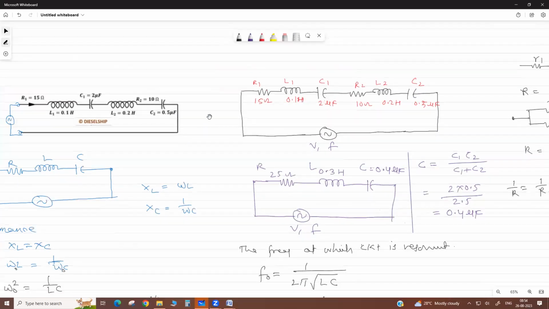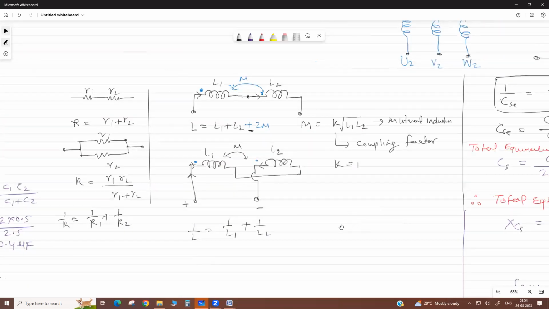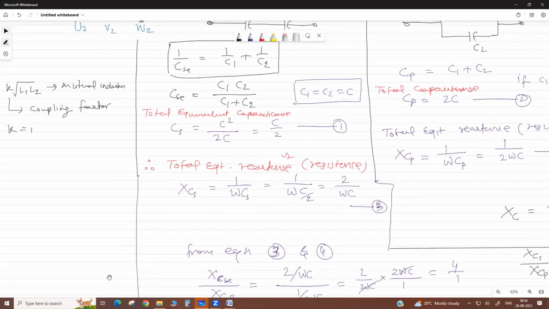Here they have given the circuit, and you have to calculate the equivalent. We reduce this circuit to this, then we apply this formula. First we calculate total resistance, total inductance, then total capacitance. That's why I explained series and parallel here also. Okay, have a nice day. Now we solve the questions, and this chapter is mostly finished.